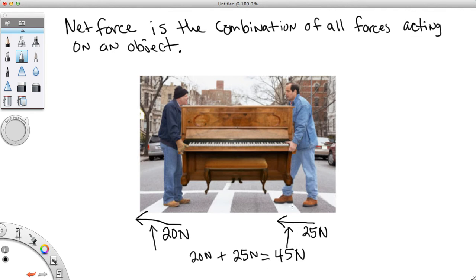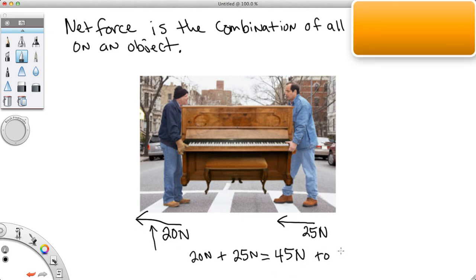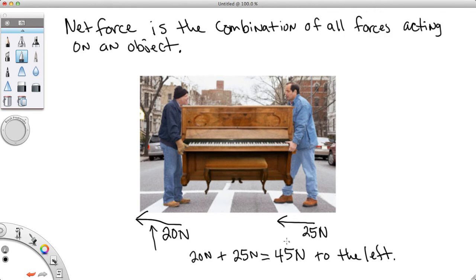I'm going to erase this arrow right here, it's getting in the way. We also have to have not just a magnitude, we also have to have a direction. 45 newtons, what direction? To the left. 45 newtons to the left. That is the net force.